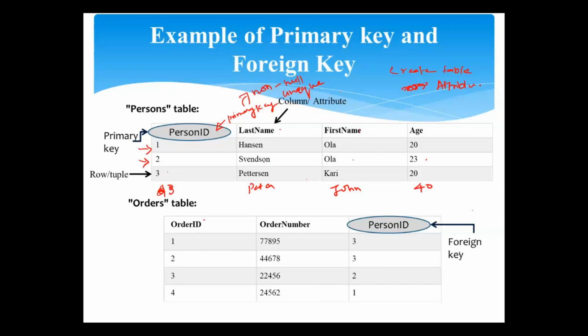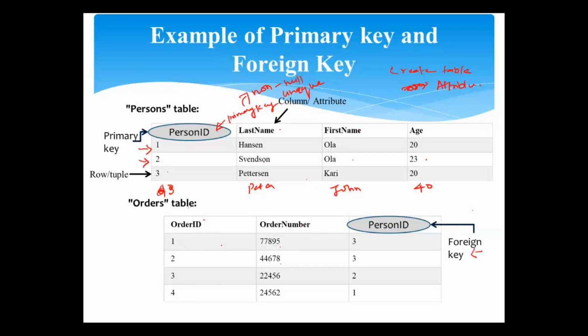Now we say the foreign key is the one which links two tables. In this example they have given the order table as the other table. As we know, the person has made an order. Say, for example, he has made an order with the order number 77895, and the person has also made an order 44678.